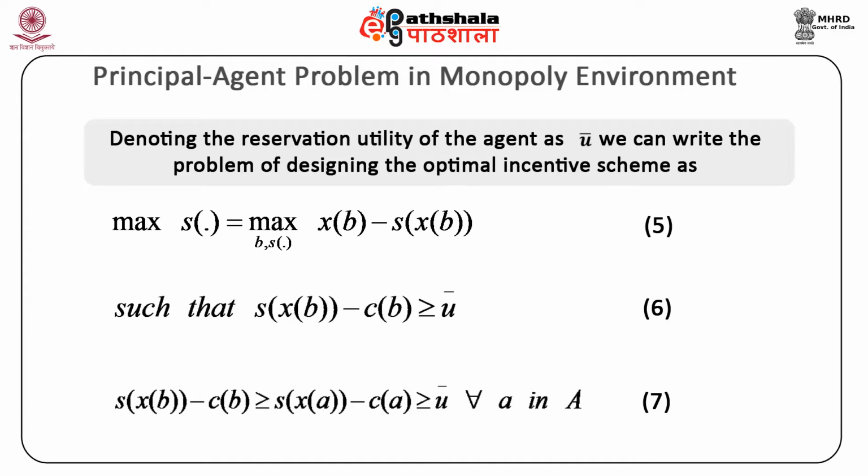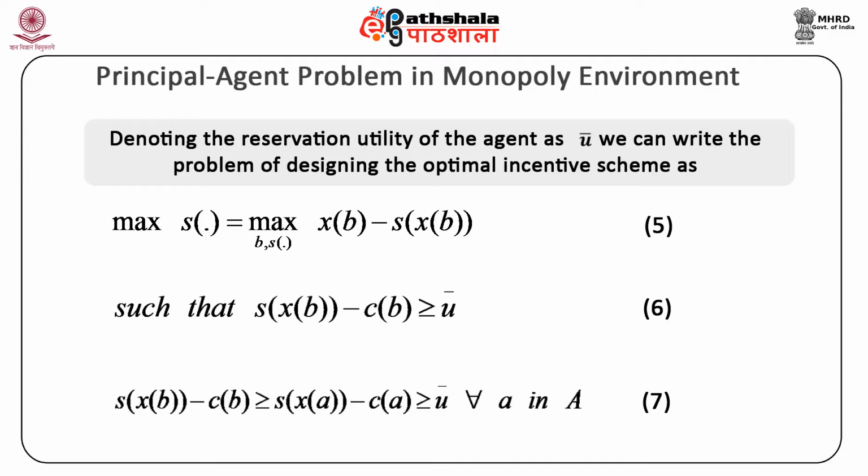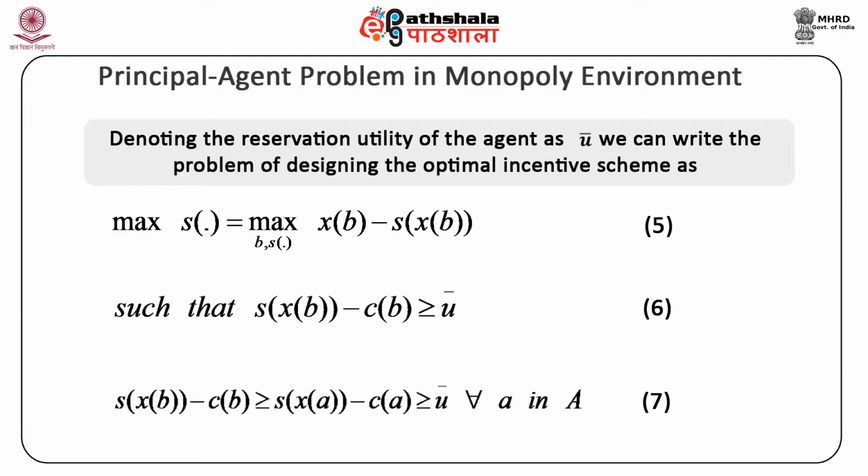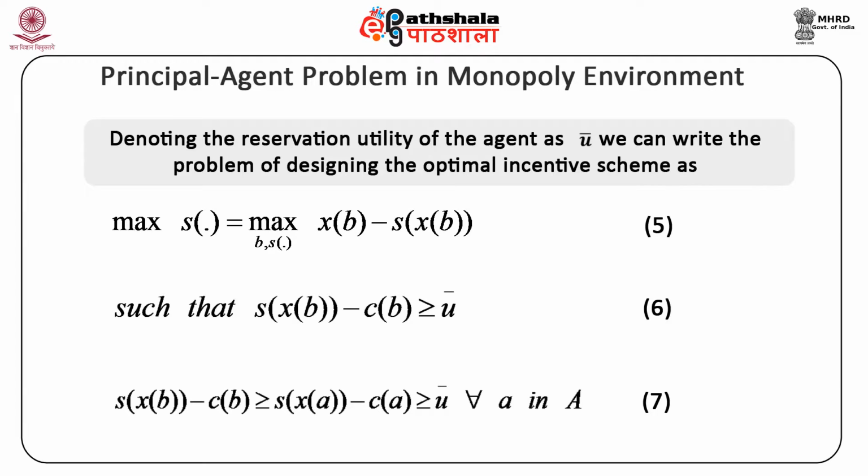Thus, the participation constraint states that reservation utility is the minimum utility level which the agent must get. Condition 7 is the incentive compatibility constraint, which is imposed upon the agent. This constraint states that B would be optimal for the agent to choose.